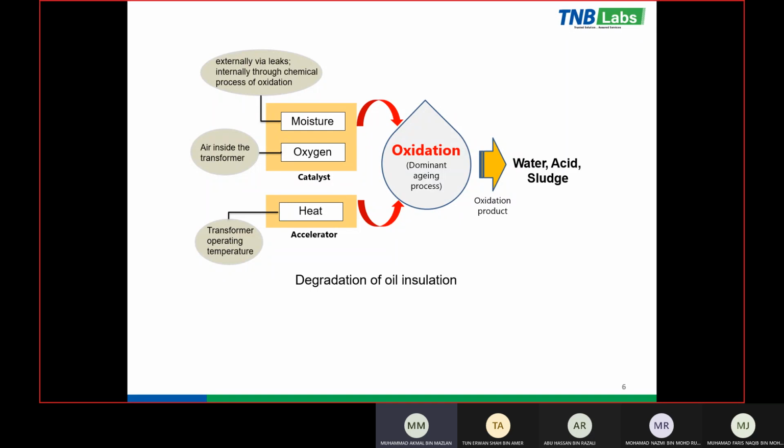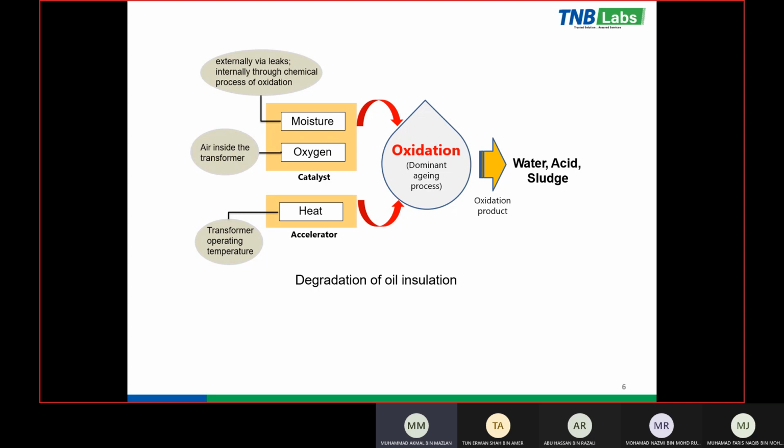For the oil insulation, the degradation of the oil continues in a process which we call oxidation. It needs moisture and also oxygen that come from the environment, which will make the oxidation faster through heat, then turn the oil to water, acid, or sludge.